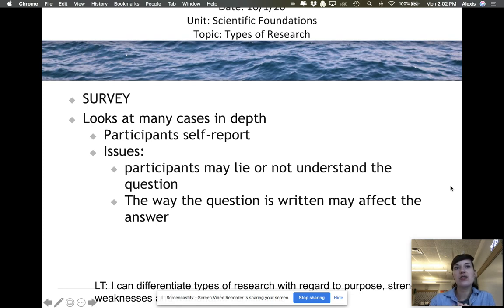If I asked you the question, what speed were the cars going when they hit each other, versus the question, what speed were the cars going when they smashed each other, you would tell me a lower speed for the first one than you would for the second. And there have actually been studies done on this. So just by the way we ask the question, we can influence the answer. No bueno, right? That's bad.